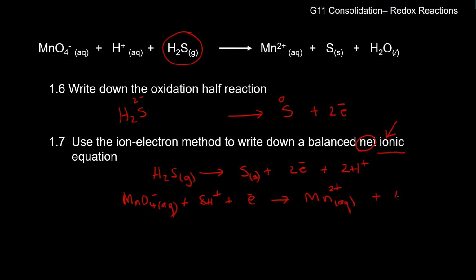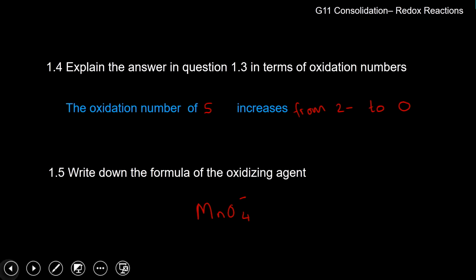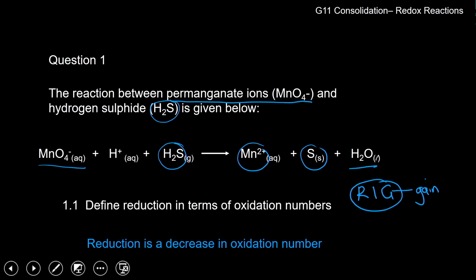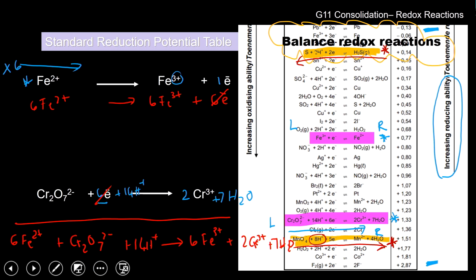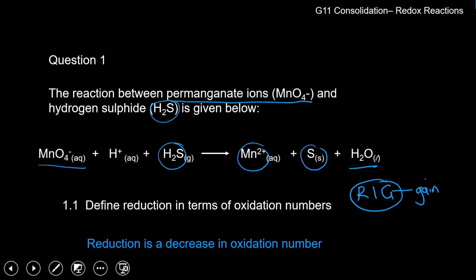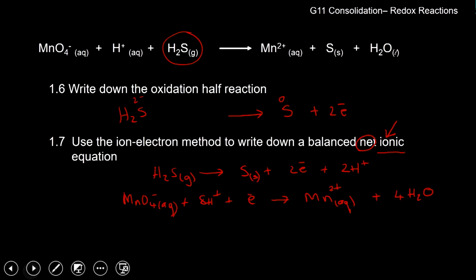And I think we had 4 waters. Let's just check how many electrons those are, just making sure. Okay, how many electrons? 8H plus and 5 electrons. Okay, 5 electrons.